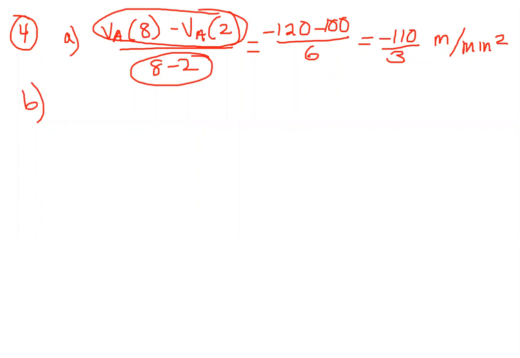Part B. Do the data in the table support the conclusion that train A's velocity is -100 meters per minute at some time t with t between 5 and 8? Okay, this is just telling you that you have to use the intermediate or mean value theorem. It's velocity. Oh yeah, this is not even the mean value theorem.